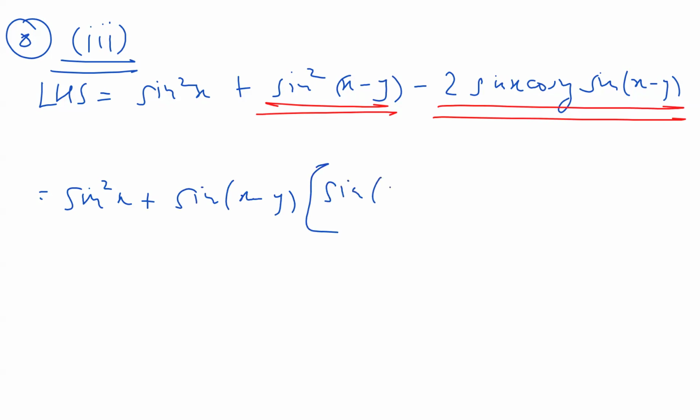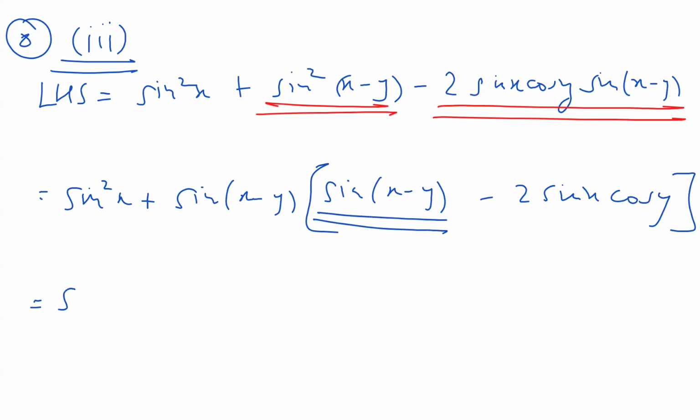Within the bracket, it is sin(x minus y) minus 2 sin x cos y. Expand this.